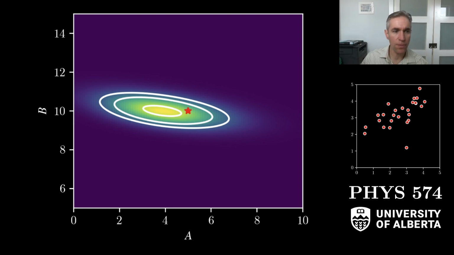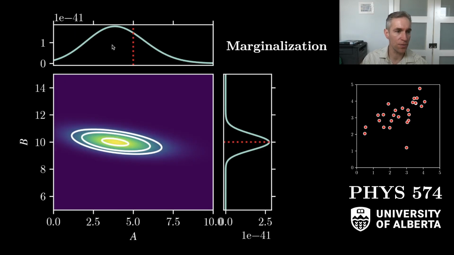You can also notice that the width of the distribution for A and the width of the distribution for B are very different from each other. The A distribution goes down, and there's significant probability at 0, and even up here. So there's a very wide spread in the amplitude of the spectral line, possibly including 0.